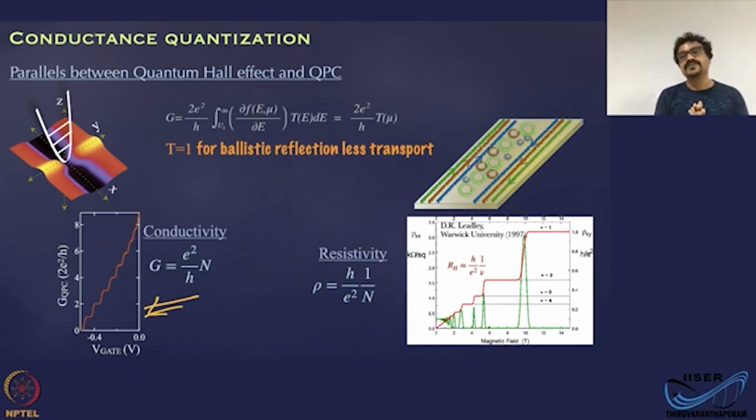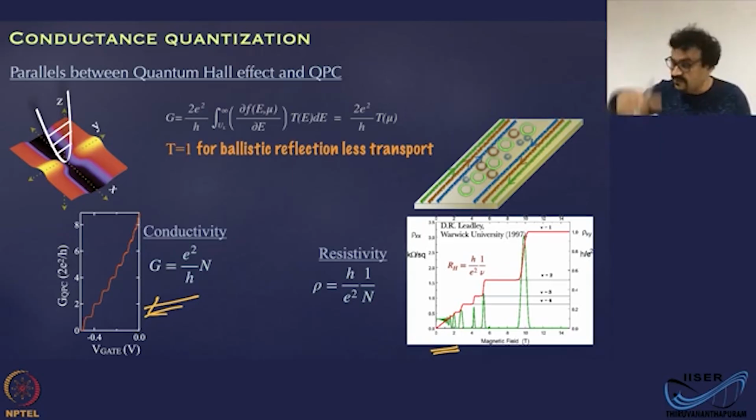The reason is, in the quantum Hall effect, you don't have any backscattering, because backscattering is forbidden, even though you have minor impurities or defects in the system. But still, the electrons cannot backscatter.